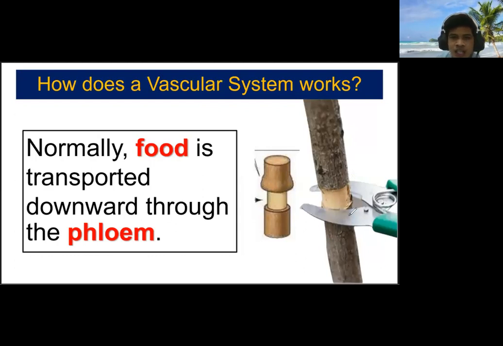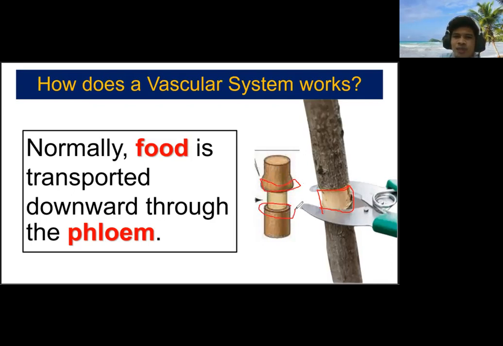For example, if you remove a 1 inch ring of the outer layer of this plant and leave it for a while, let's say 1 or 2 months, the part of the stem above becomes larger compared to this part. Why do you think it becomes larger?